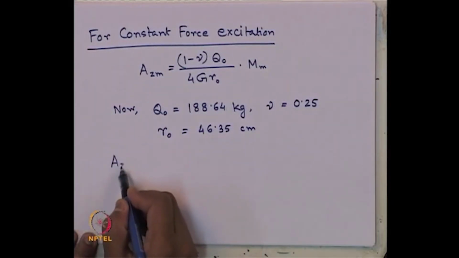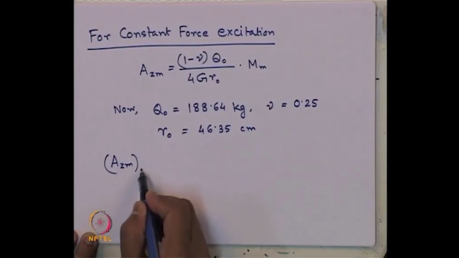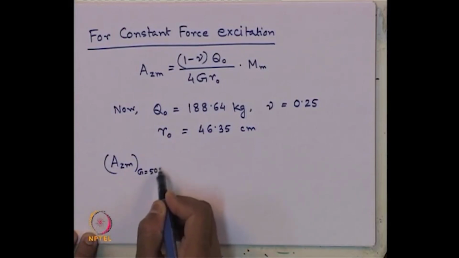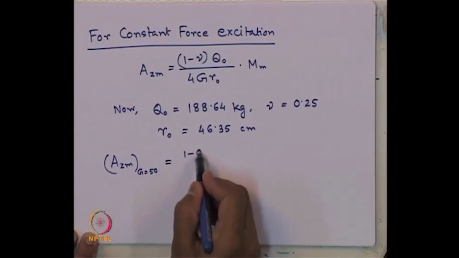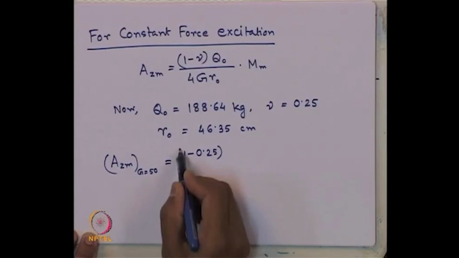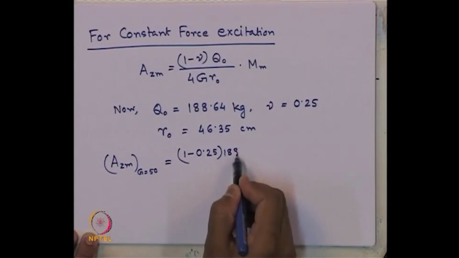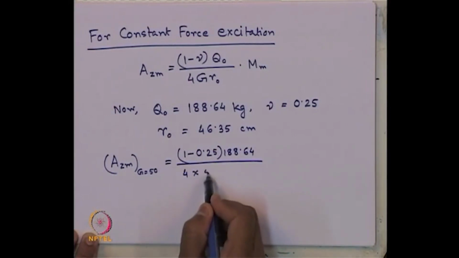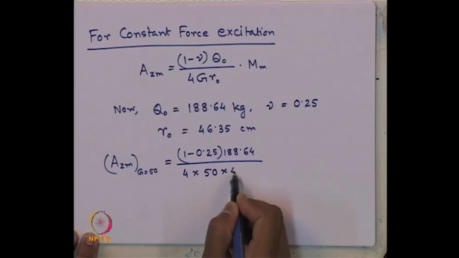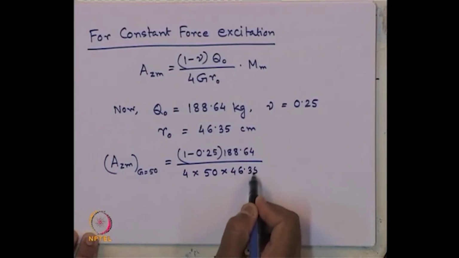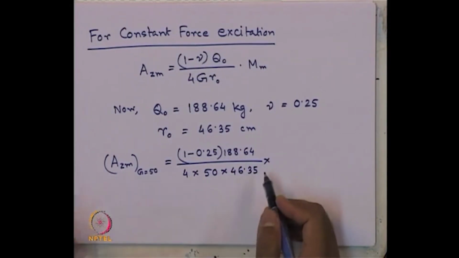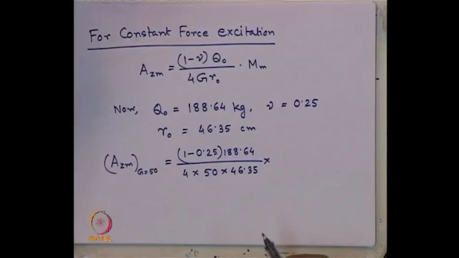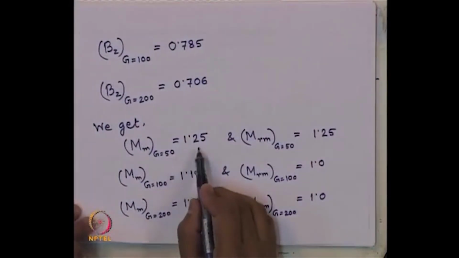Therefore, the value of AZM with G equals 50: 1 minus 0.25, times 188.64 by 4 into 50 into 46.35, times MM. How much MM do we read from the design chart? It is 1.25.